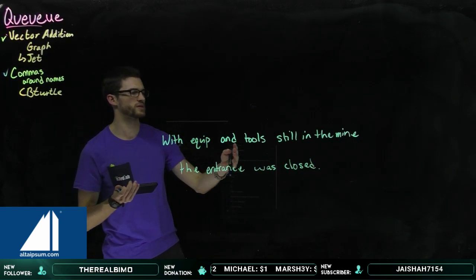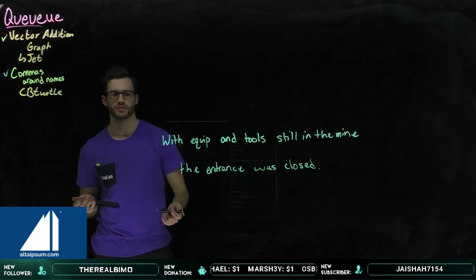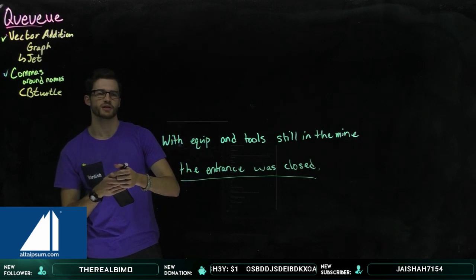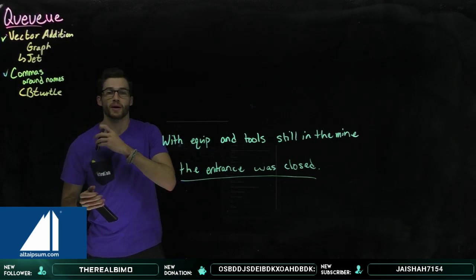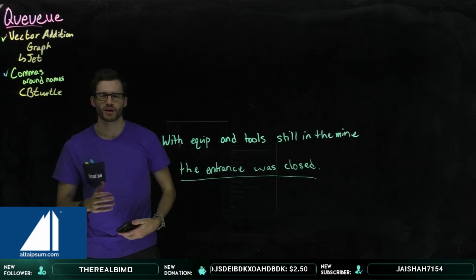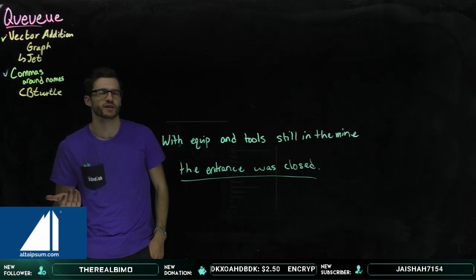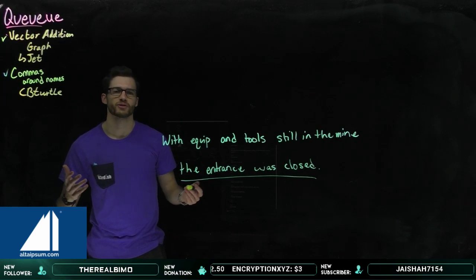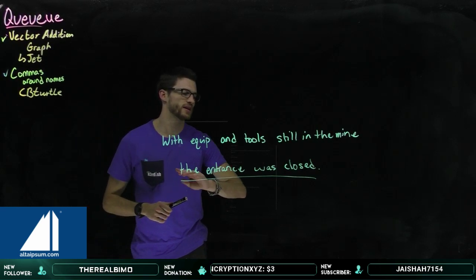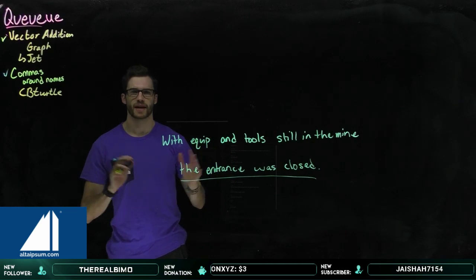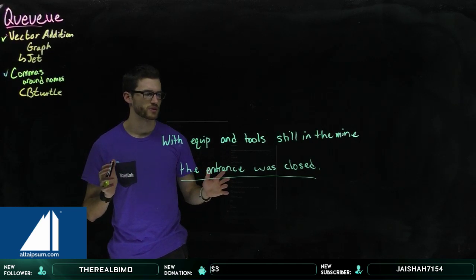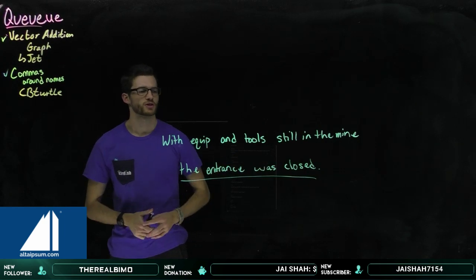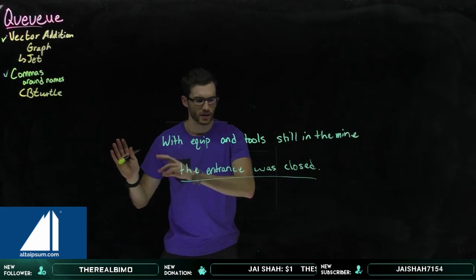With equipment and tools still in the mine, the entrance was closed. Right? This is our independent clause, so that's what I want to start with. If you ever see any punctuation, find your independent clause. It's at the end. The entrance was closed. That is the independent clause in this sentence. So everything else is not necessarily non-essential, but this is the thing.